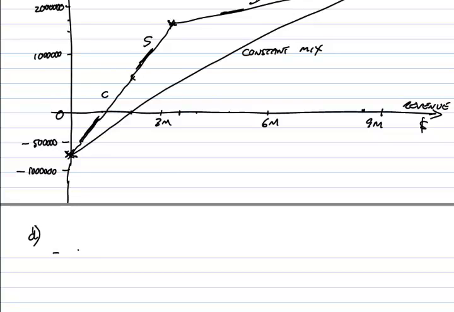And the point should be after this. First of all, if the products are sold in a constant ratio, so even if we only had half the volume, it would be half the volume of all of them, then it would be that line, the last line we drew where I've written constant mix, and break even would be at this point here.